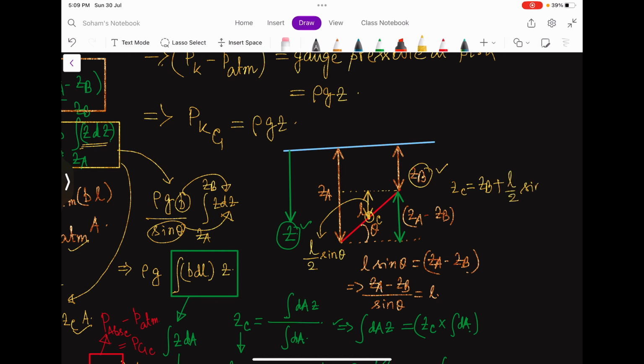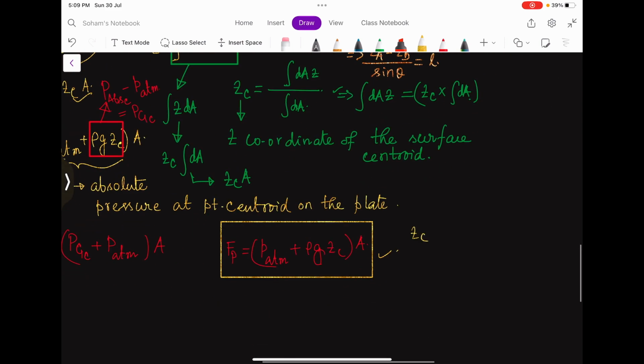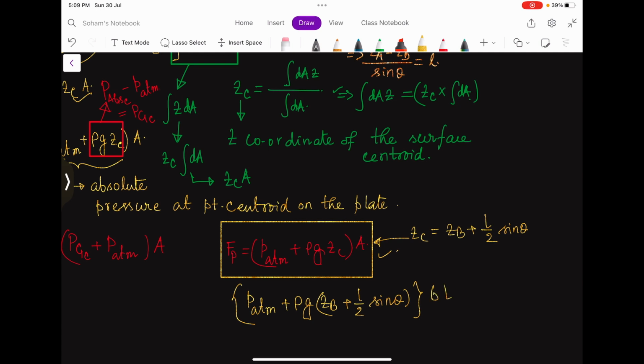Clear? So this is ZC. Just put this value here, that is ZC equal to ZB plus L by 2 sine theta, to get P ATM plus rho G times ZB plus L by 2 sine theta, into B into L. So this will be the pressure force on the plate.